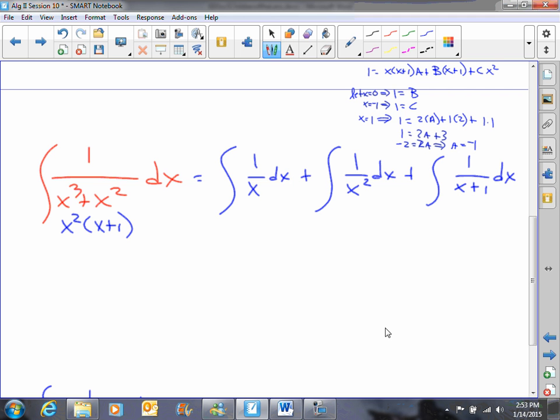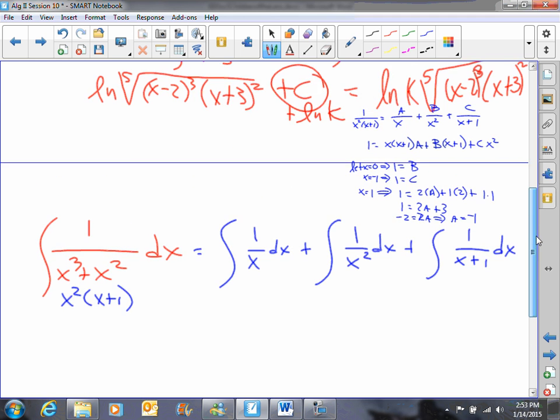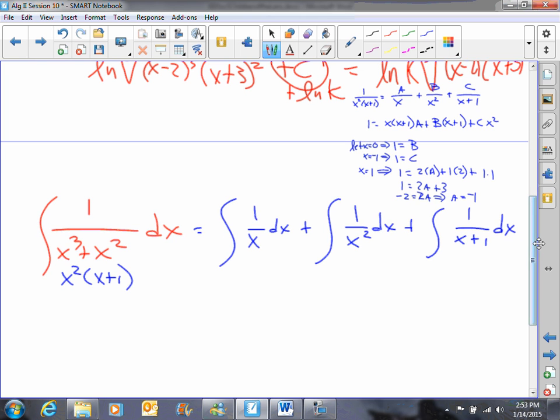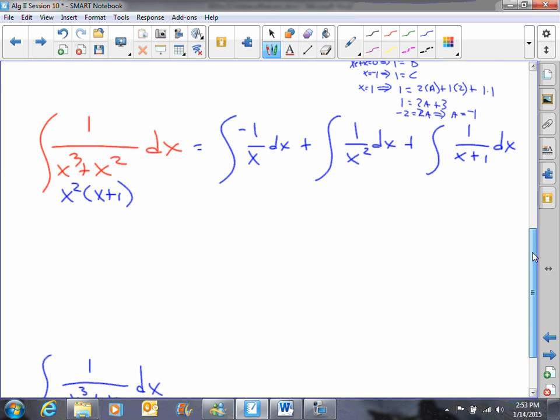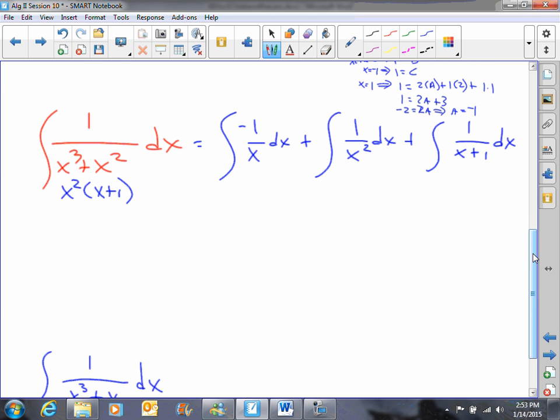Now, I didn't do that quite right. One of these is a -1. Which one is it? It's the a, which is negative. So the integral of -1 over x dx plus, and so on. Well, let's do this. We get negative natural log of x plus negative x to the -1 plus natural log of x plus 1 plus c.